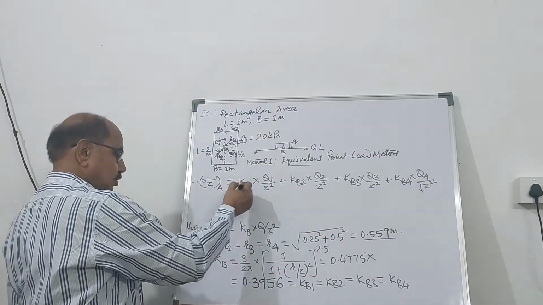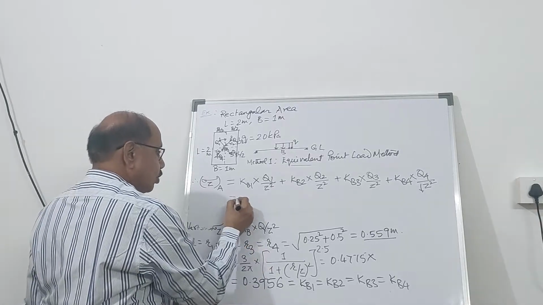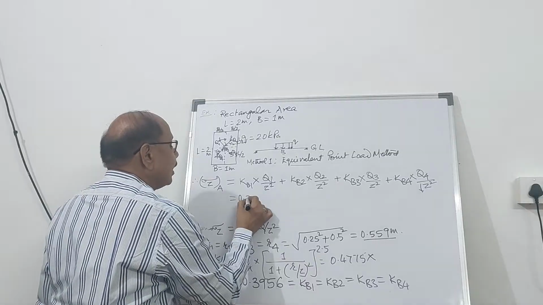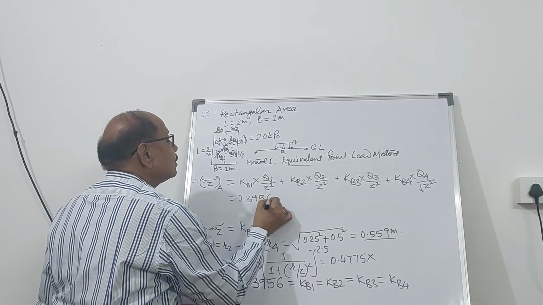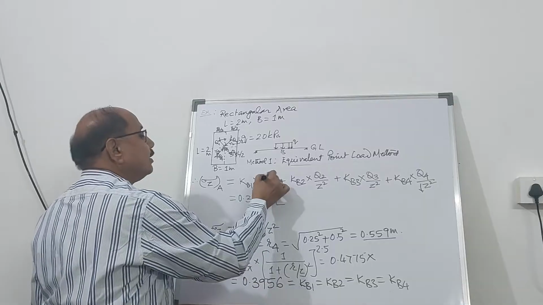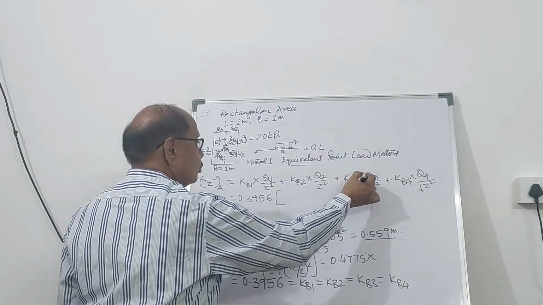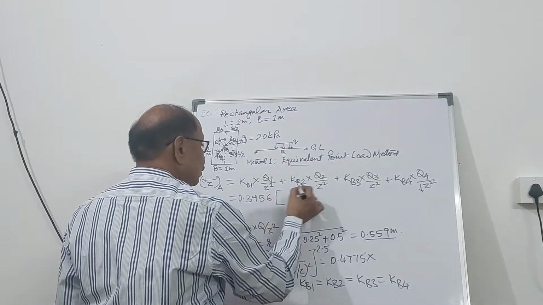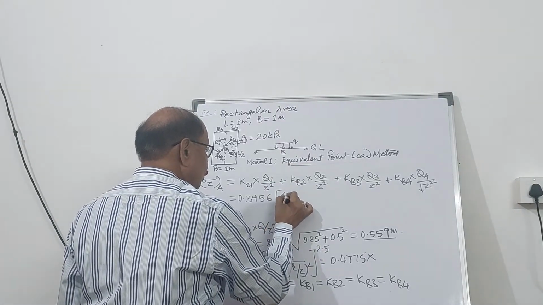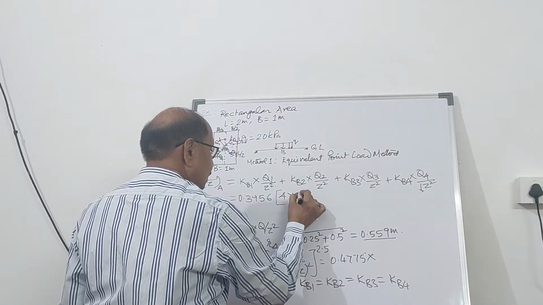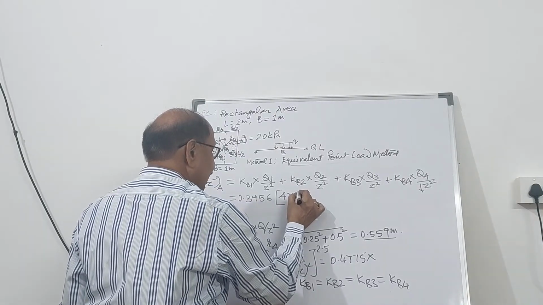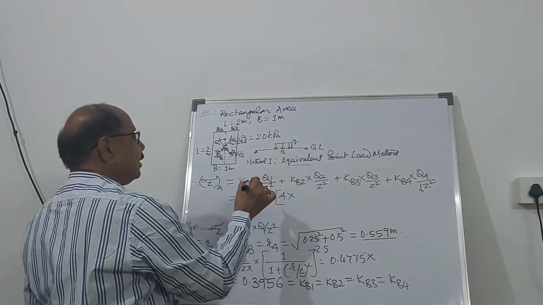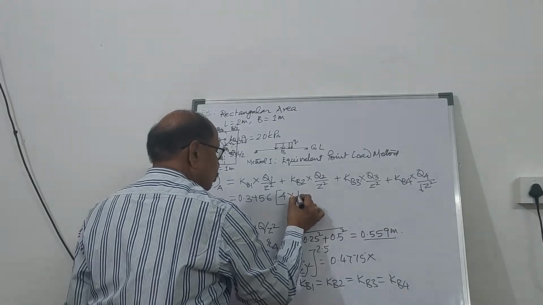So now because kb is already known to you, you can take it common, 0.3956, and q1 equal to q2 equal to q3 equal to q4. So it will be equal to 4 times q by z square. Now the value of q1, q2 is going to be equal to 10 kilonewton.